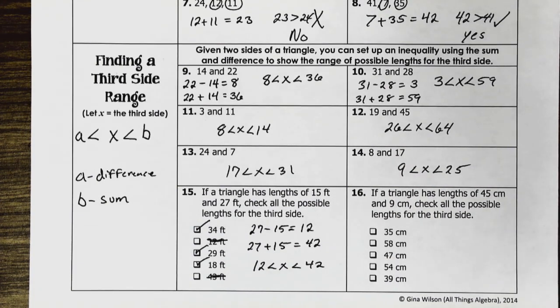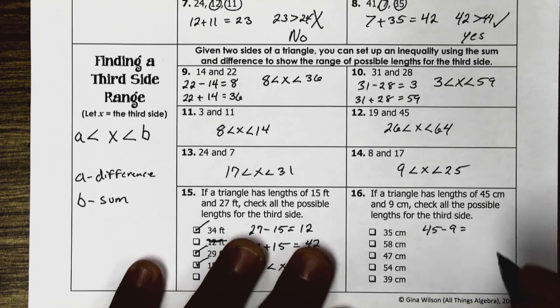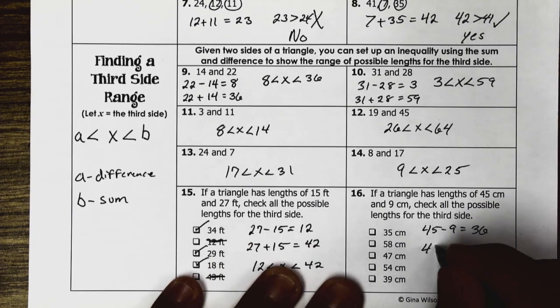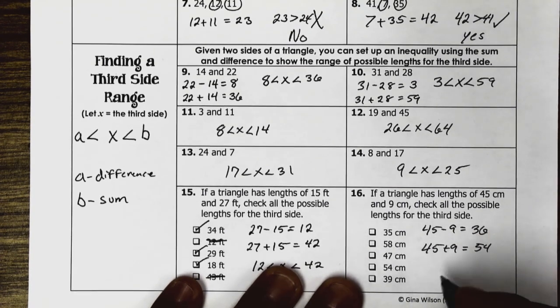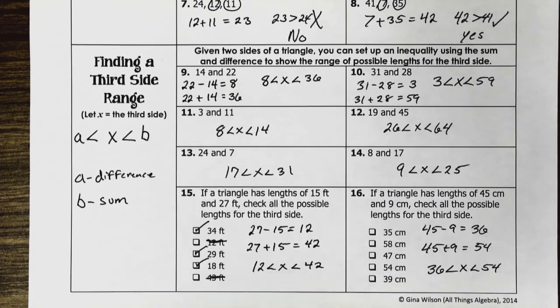All right, then the last one. If the triangle lengths are 45 and 9, 45 minus 9 gives me 36. 45 plus 9 gives me 54. So my range is in between 36 and 54.